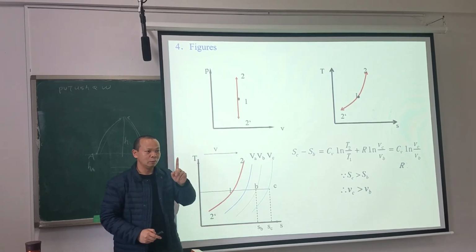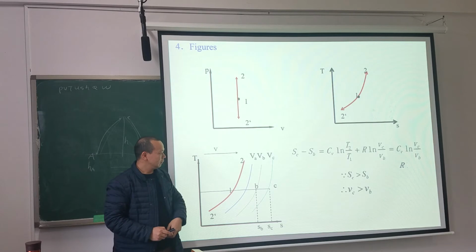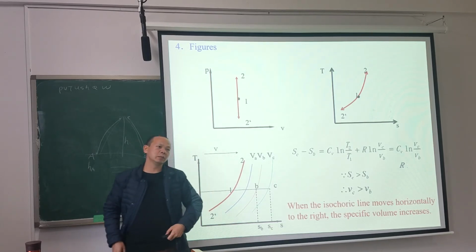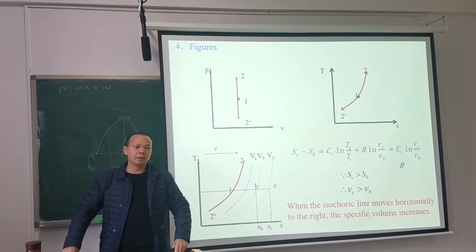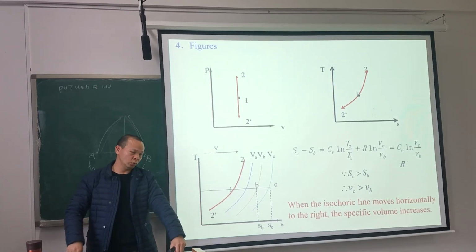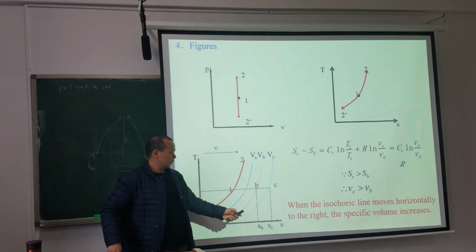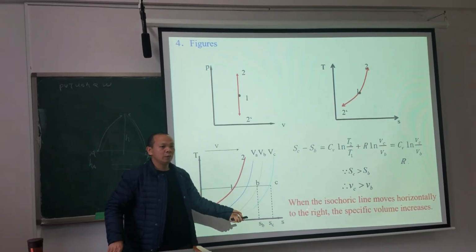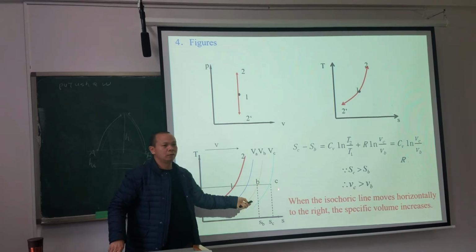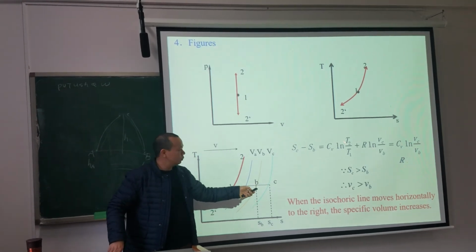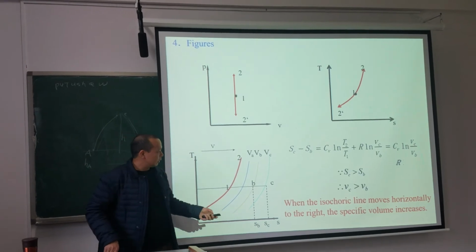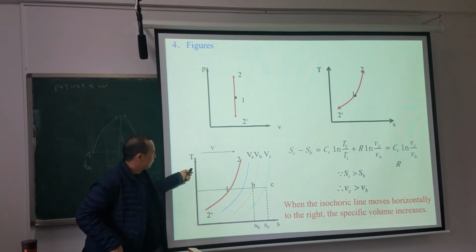Okay, maybe you can say this is a conclusion, but I don't think you need to remember this conclusion. I hope you can try to prove it. So this is in the TS figure.